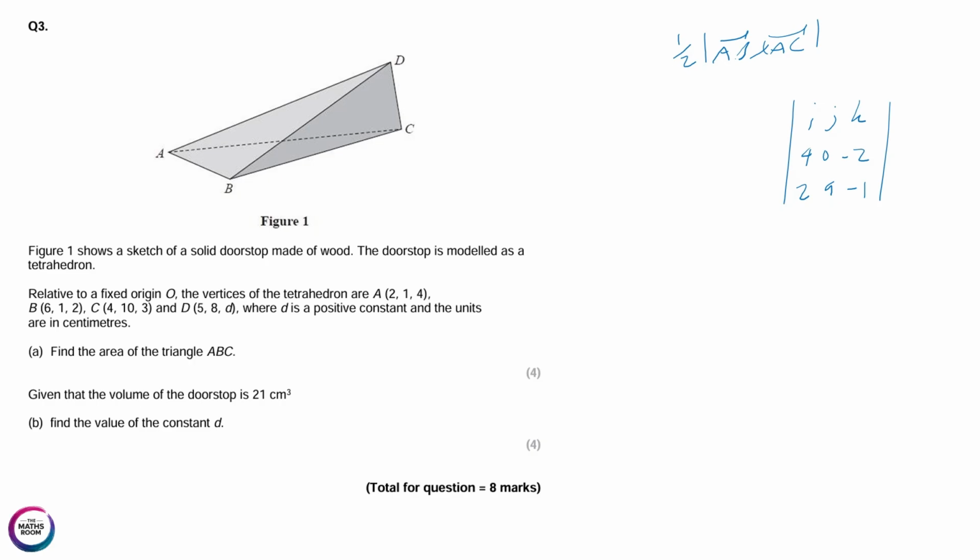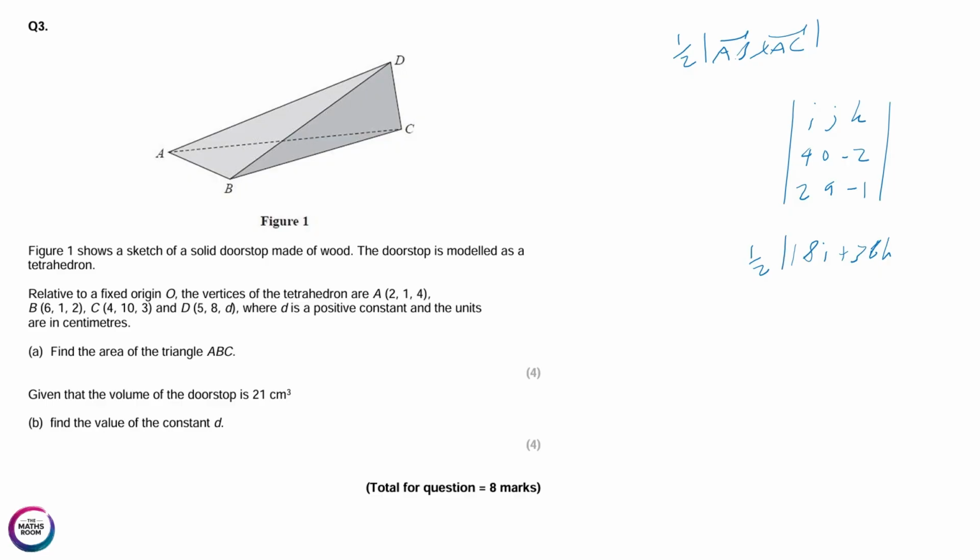If we work that out, I'm going to get 18i. My j component is looking like 0, because it's minus 4 add 4, yeah, 0. My k component is going to be 36k. Okay, so that's my vector.